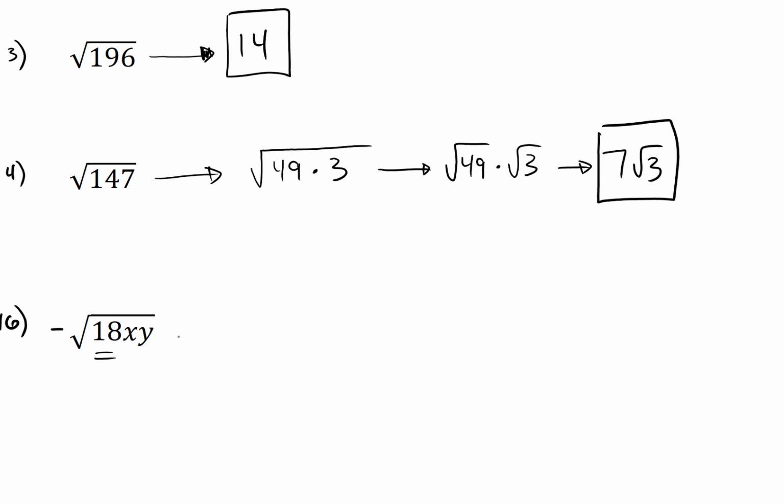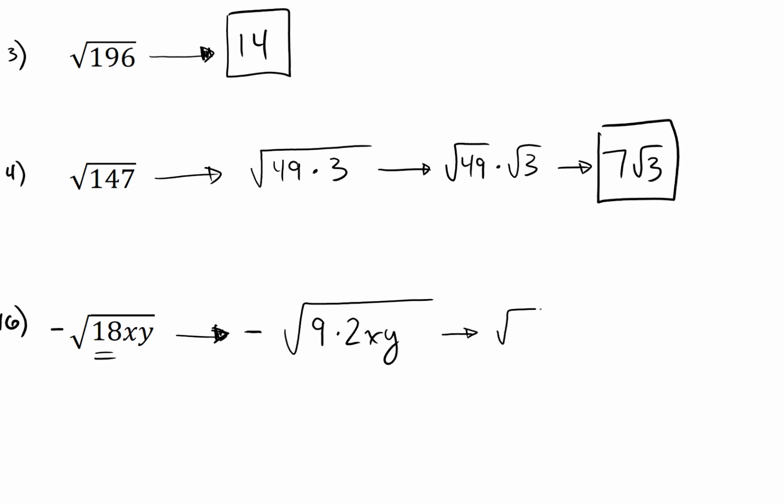I do see that it's got a negative out in front of the radical, so it's going to be negative. And 18 I know is 9 times 2, so I could handle that much. So this is 9 times 2xy. Well, the x is not squared, the y isn't squared, it's not x to the fourth or some even power, so I'm going to have to leave my variables inside.